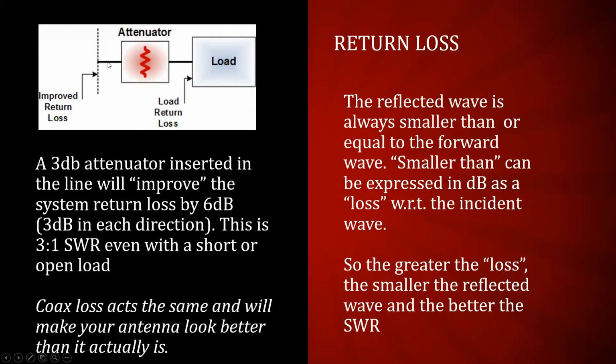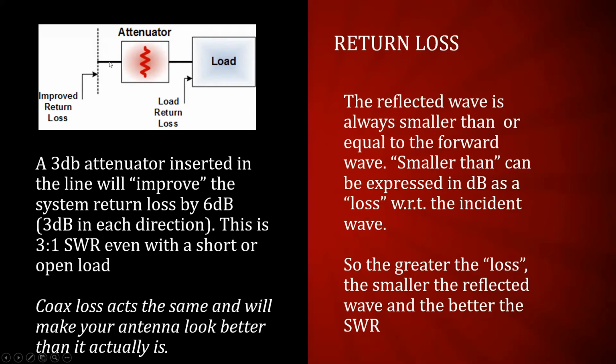So 0 dBm goes through a 3 dB attenuator, and now you're 3 dB down. You get a perfect reflection off the load. You go through the 3 dB attenuator again. Now that signal is 6 dB down. So our return loss is 6 dB because we lost 3 dB here and 3 dB here. Total is 6.